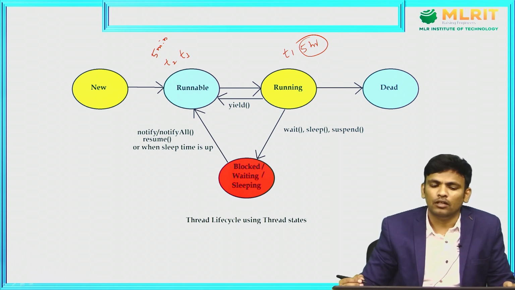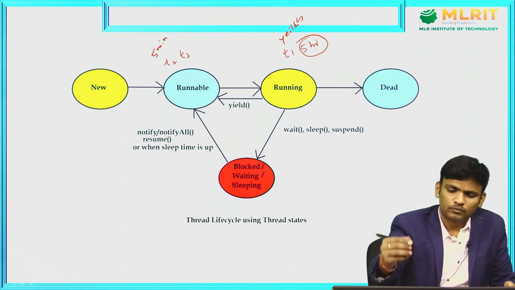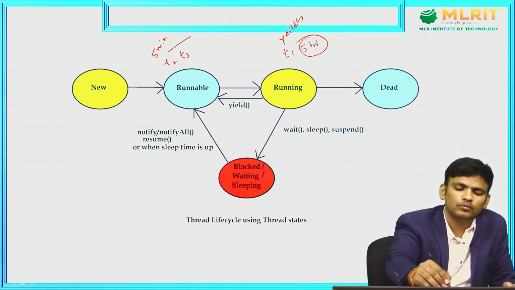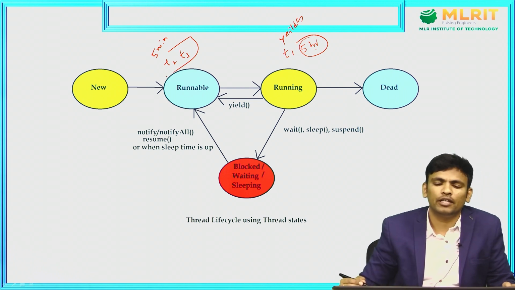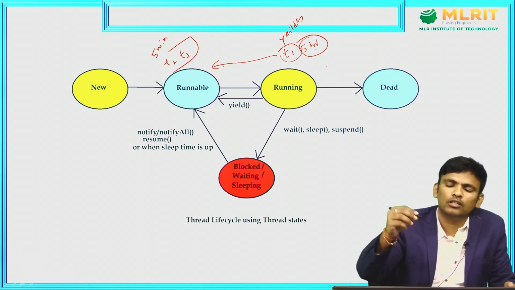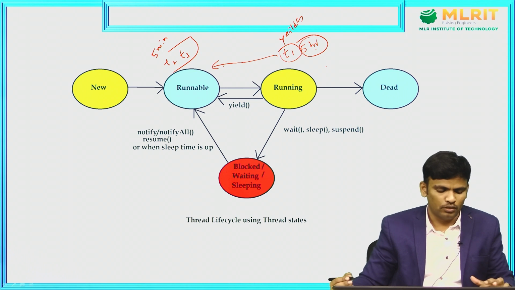Now if you apply the yield method, it will check the ready queue every time to see whether any higher priority threads are in the waiting state. If any are there, T1 will stop its execution and hand over the CPU to the highest priority thread. That is the idea of the yield method.